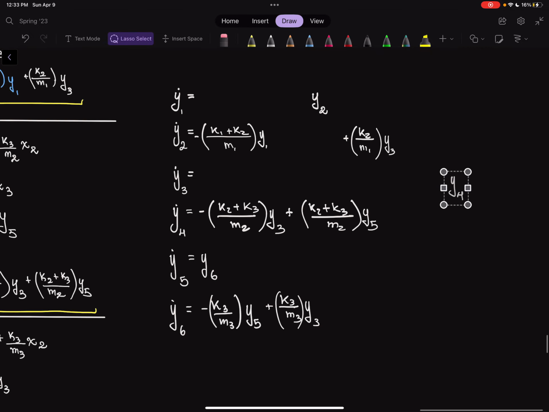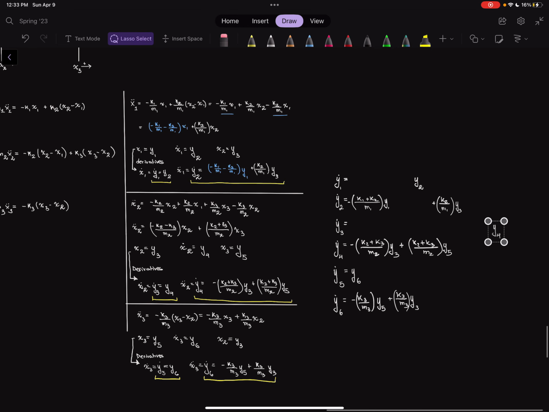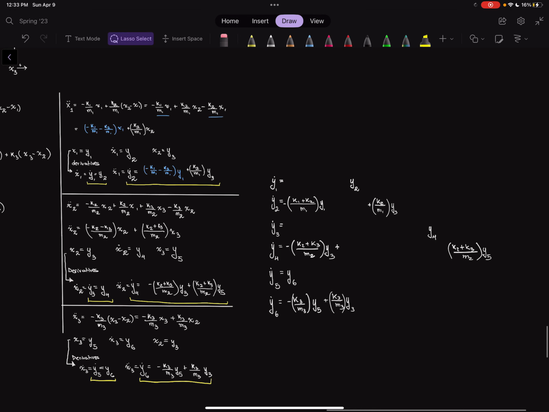And then we want to do y5. So let's do y5. We'll move it over here. And then here we have another y3. Don't forget that positive sign here. Maybe that y4 goes a little bit more over here. And then this is y3 with the negative sign.